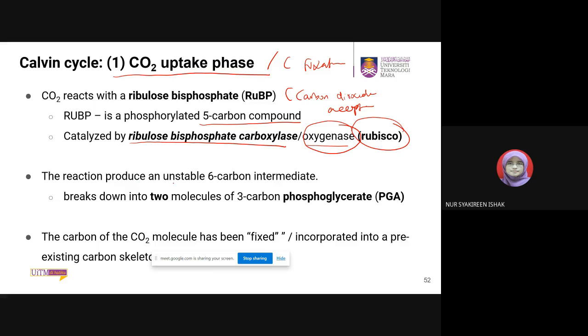The reaction produces one molecule of unstable 6-carbon intermediate that breaks immediately into 2 molecules of 3-carbon compound, which is PGA. So the carbon of the carbon dioxide molecule has been fixed or incorporated into a pre-existing carbon skeleton. Pre-existing carbon skeleton maksudnya dalam cycle tu dia bergabung dengan RuBP lah. So it fixed ataupun incorporate carbon dioxide campur dengan RuBP, produce a 6-carbon intermediate that breaks down into 2 molecules of PGA.